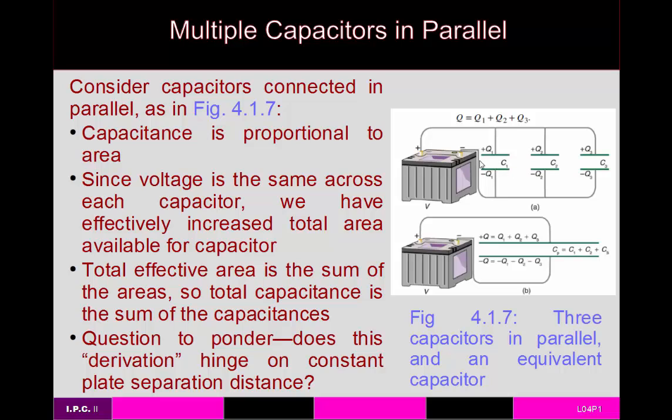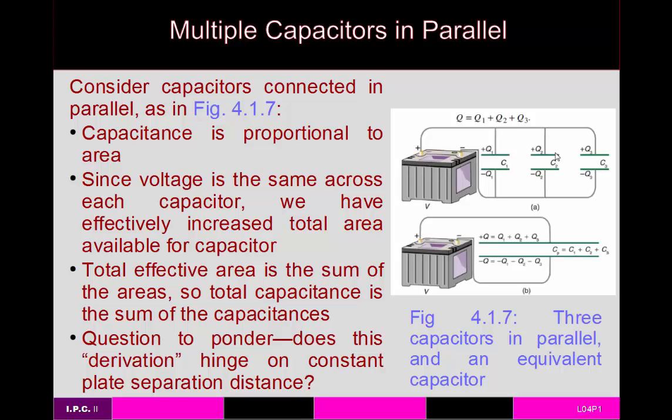So suppose that we have a set of capacitors, and we don't really care what the area is for them per se, but they all have the same separation distance between the two plates. Now let's hook them all up in parallel as in this diagram. What does that do? Well, it means that the total area of an equivalent capacitor can be equal to the equivalent areas added together of these three capacitors.